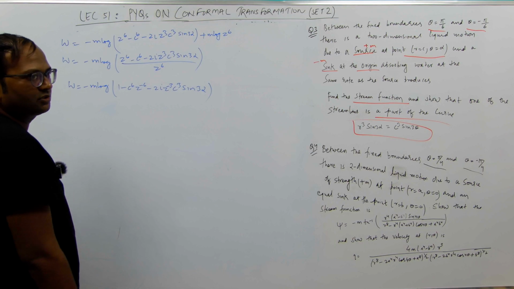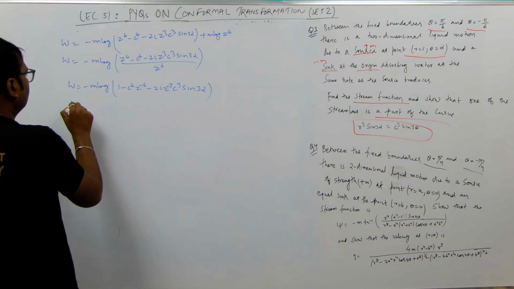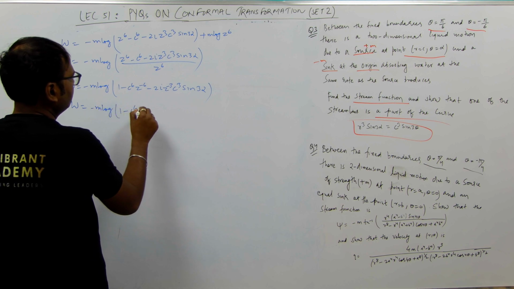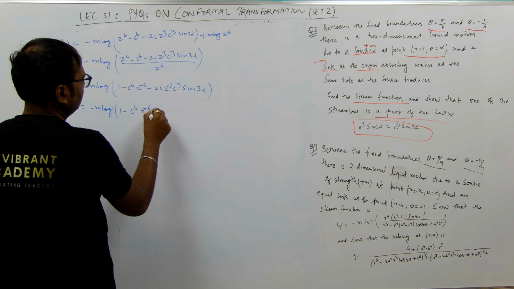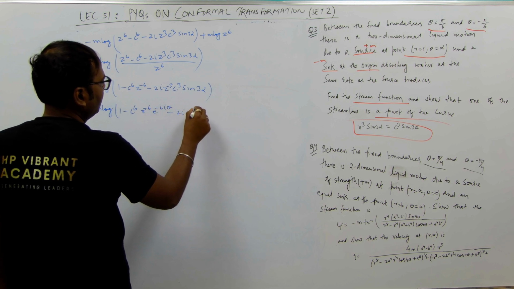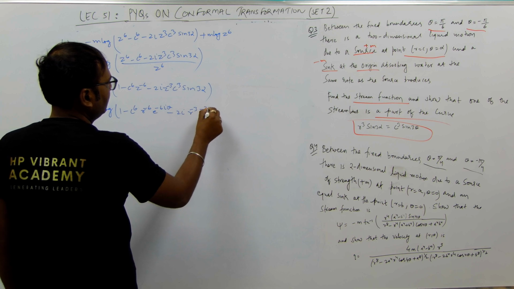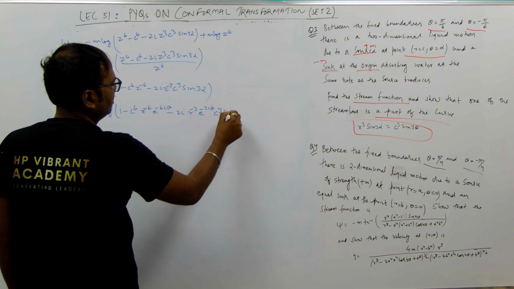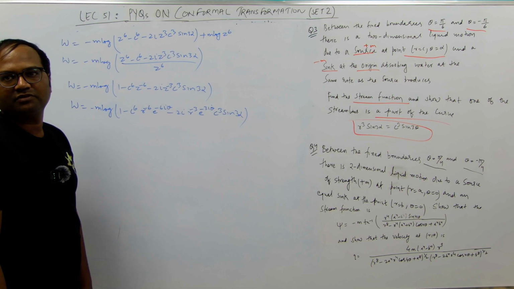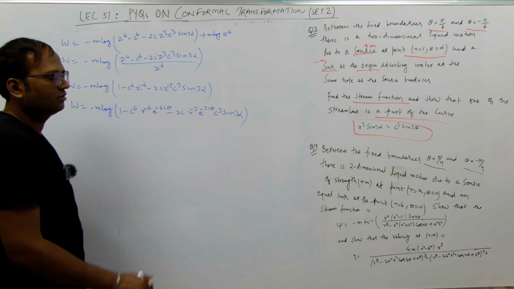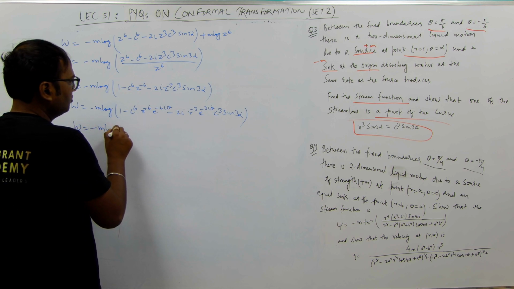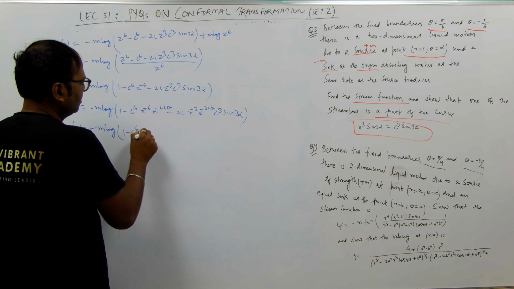so let us put z is equal to R e to the power iθ. So W is equal to −m log of 1 − c⁶ R⁻⁶ e^{−6iθ} − 2i R⁻³ e^{−3iθ} c³ sin 3α. Okay, so this is our complex potential. So we have W is equal to −m log 1 − c⁶ R⁻⁶.